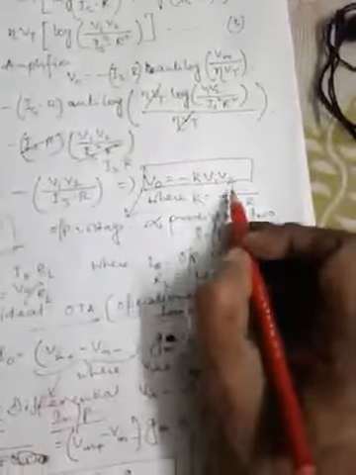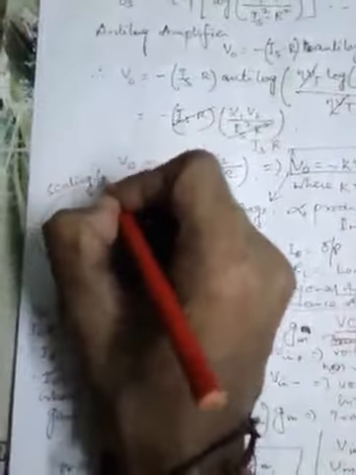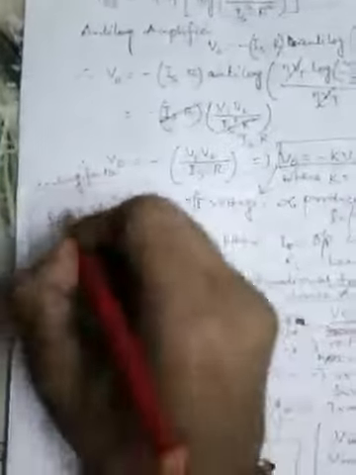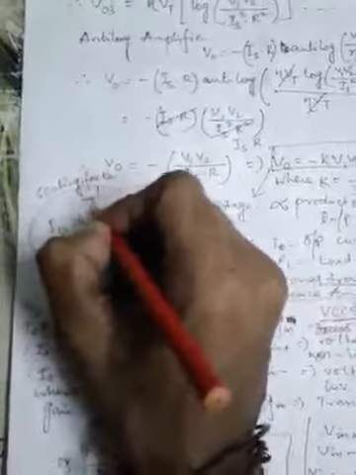Now what should be the gain or the scaling factor for this? The scaling factor is obviously minus K by RL. So rather we can write here as 1 by IS into R into RL. So this is my scaling factor. So what is the scaling factor or gain? It is 1 by IS into R into RL.